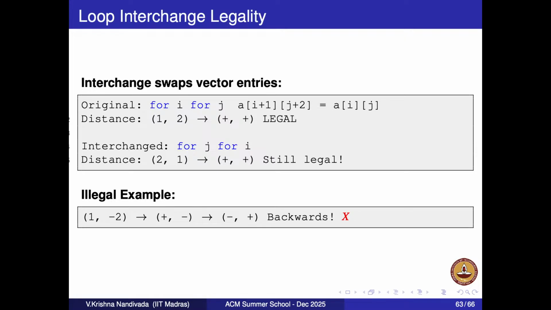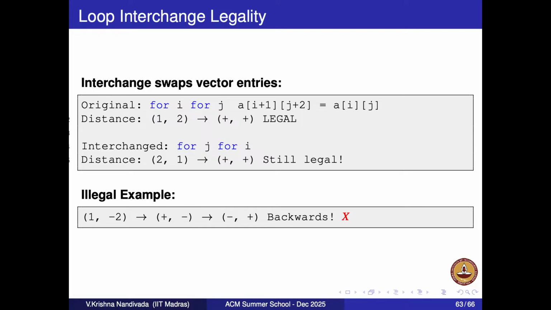Now let's get back to yesterday, we studied loop interchange, right? Let's look at this loop. For i, for j, a of i plus 1, j plus 2 is equal to a sub ij. Now let's look at the distance. I am writing in a certain iteration which is read later. The distance is both positive.